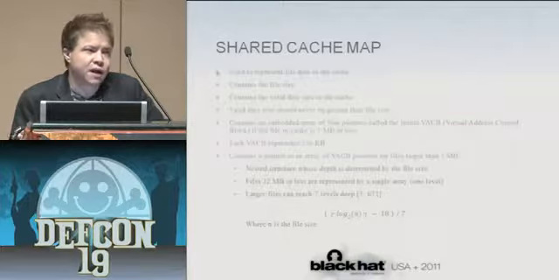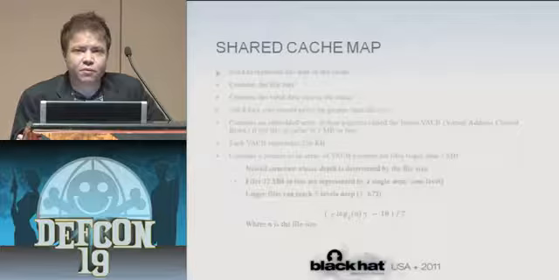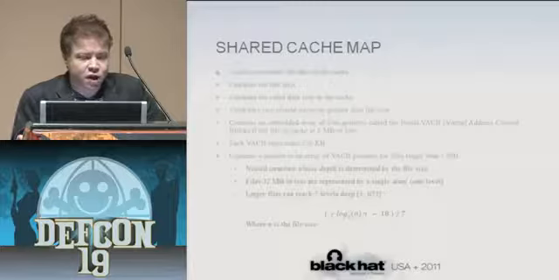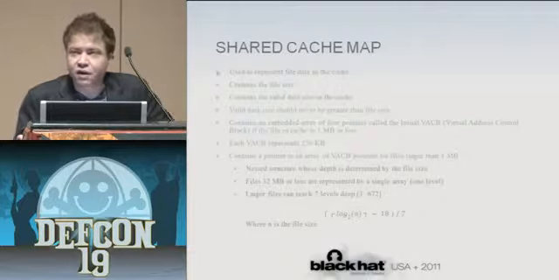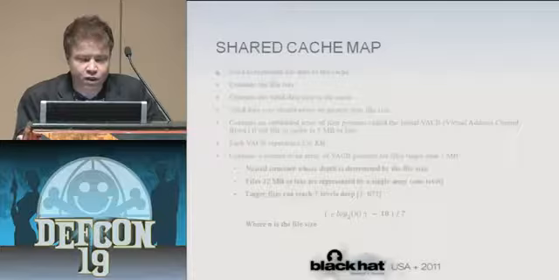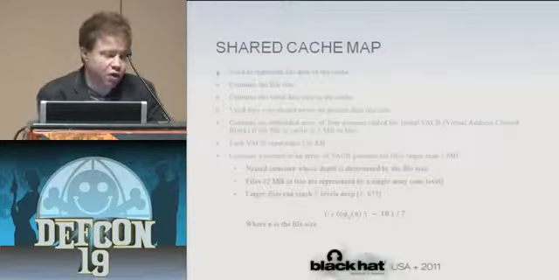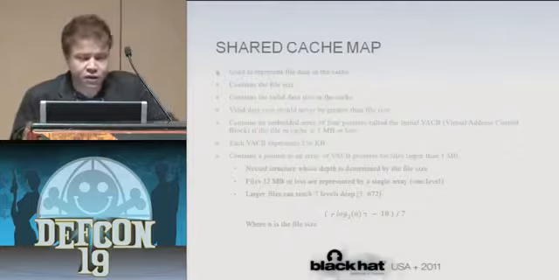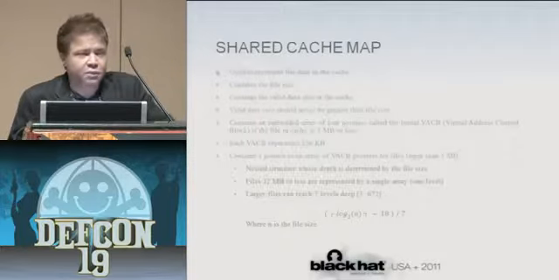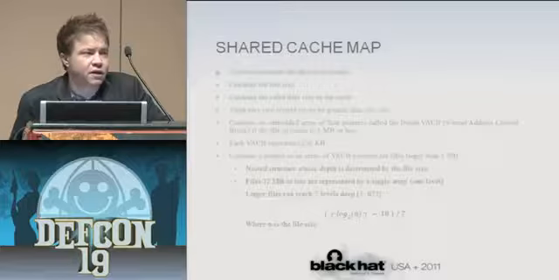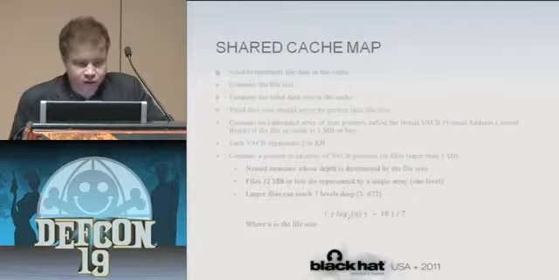Now again, that may be nothing, or it may be more or less the whole file. It really all depends. So the shared cache map structure is actually defined by Microsoft in WinDbg. It contains the file size, the amount of valid data within the file, within the cache. The valid data should never be larger than the file size, because if that happens, then you're actually looking at uninitialized data.